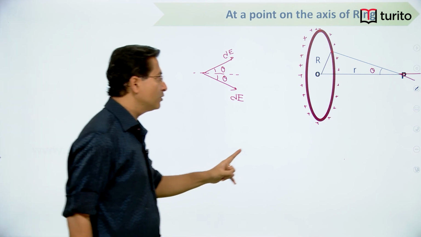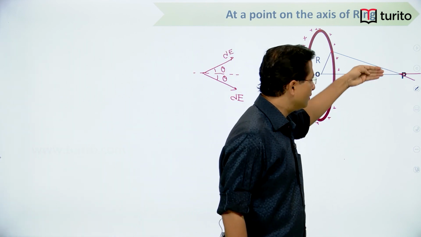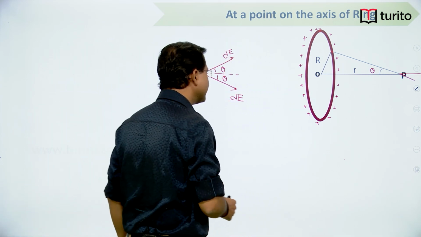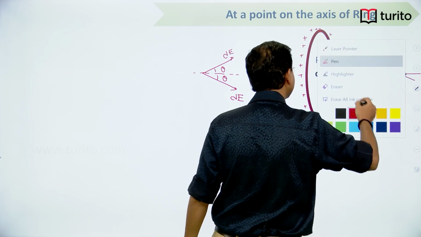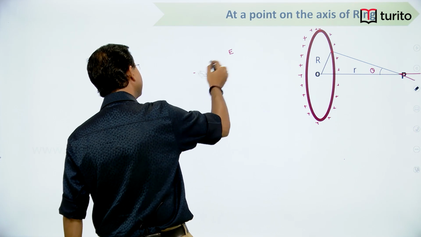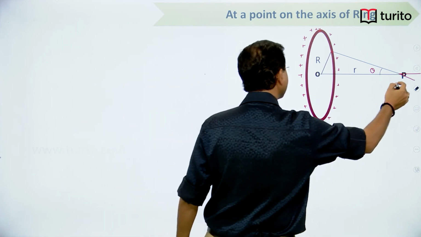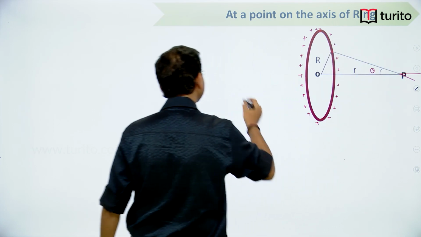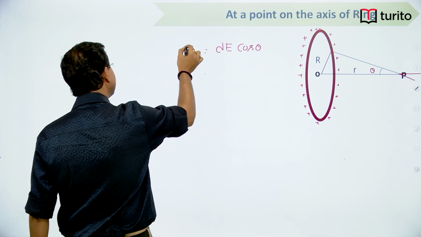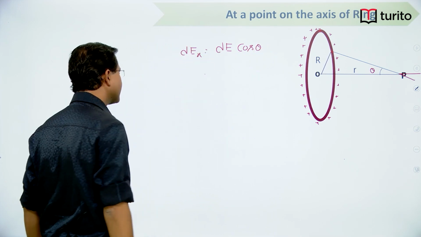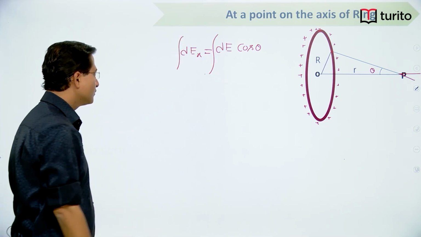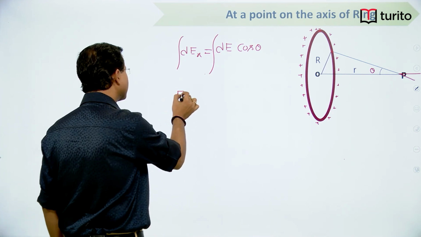So, there will not be any component of field perpendicular to the axis, the field will be only along the axis, right. So, what I need to do is integrate dE cos theta to get the field along the x axis, right. So, here this is Ex.